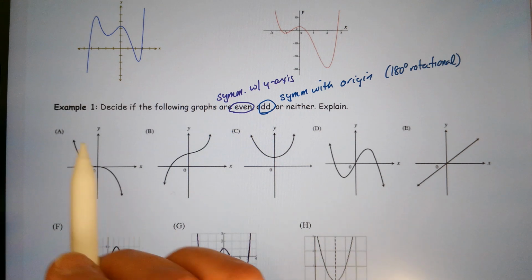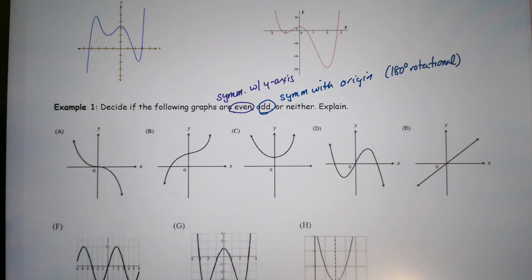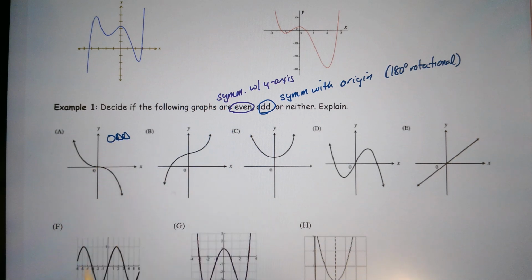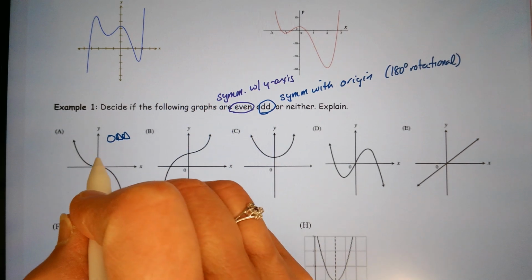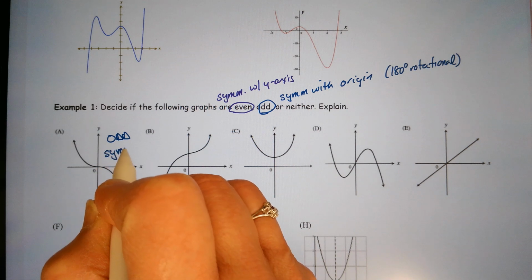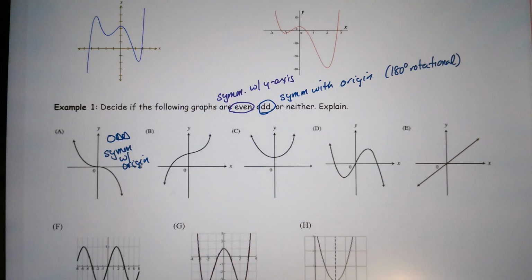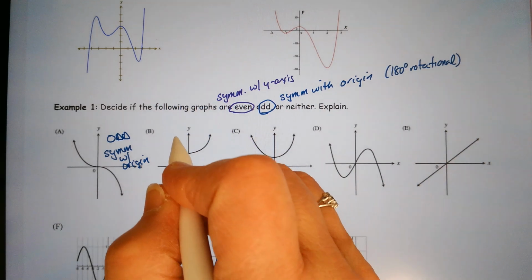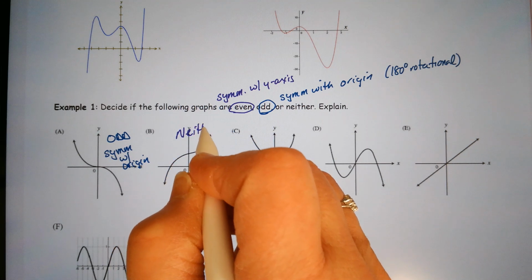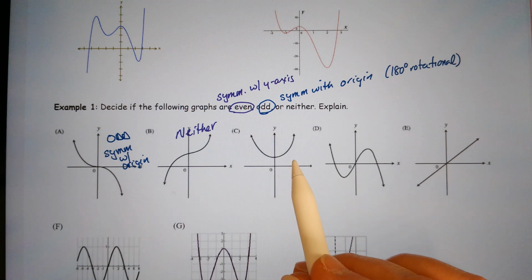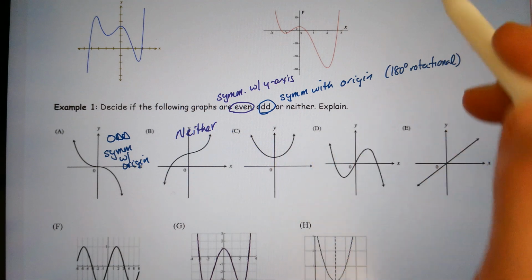A, this is odd. It's symmetric with the origin. B, that's neither. C, that has symmetry with the y-axis.